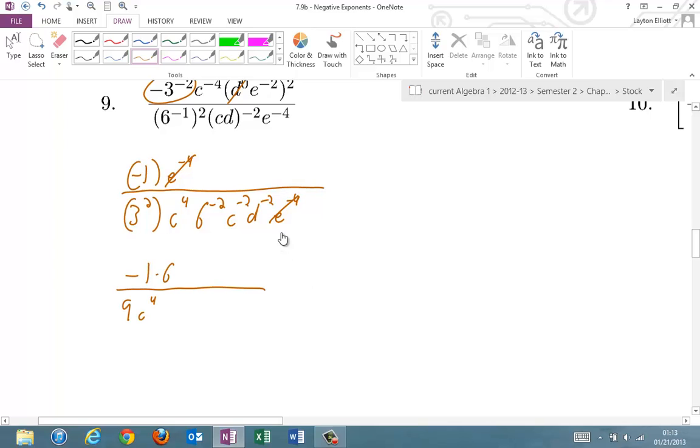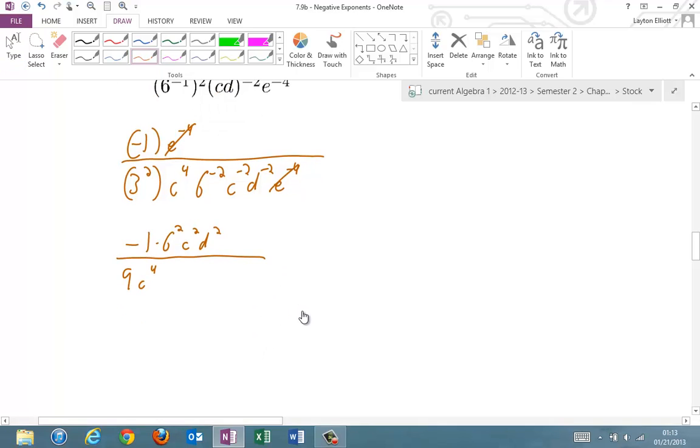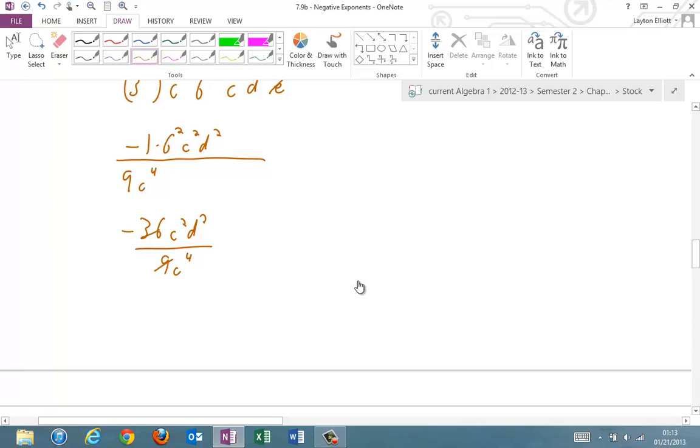I'm going to move the 6 squared up top, c squared up top, d squared up top. And that gives us -6 squared is 36. Then we have c squared, d squared over 9, c to the 4th. Keep going. The 9 and the 36 are going to cancel, giving us -4, d to the 2nd over c to the 2nd, with the c's canceling.